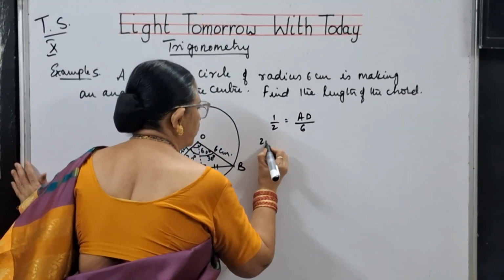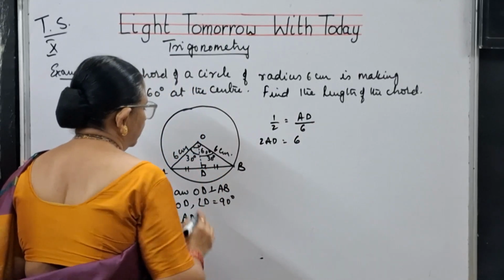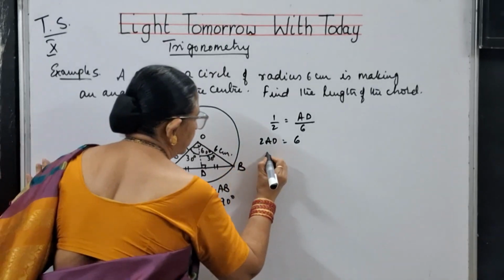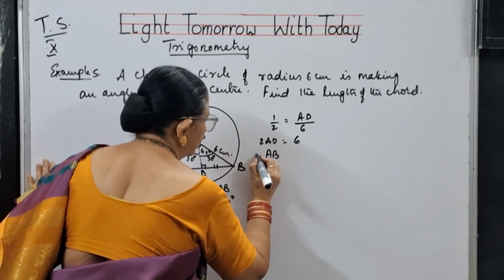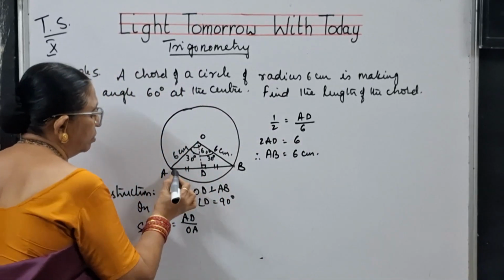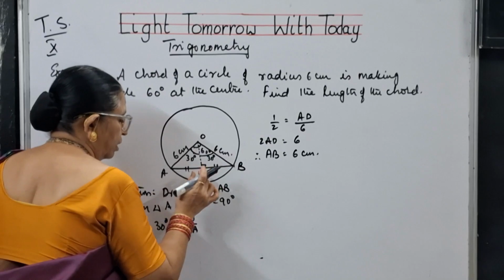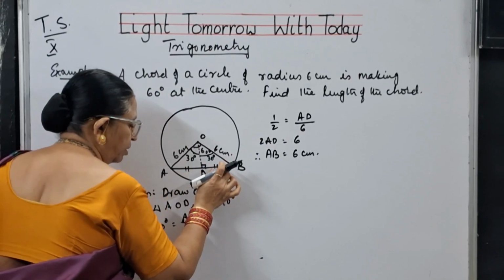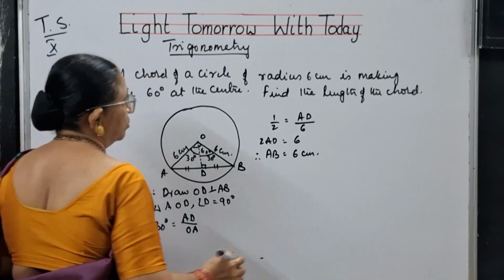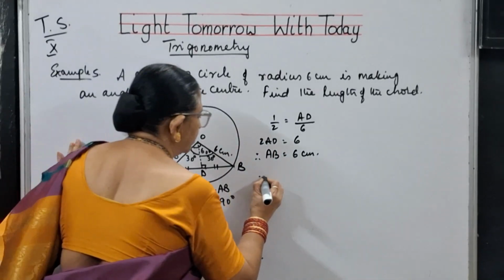That means 2AD is equal to 6. What is 2 times AD, children? 2 times AD is nothing but AB. Why is it? Because AD will be equal to DB, the same measure. So AB is nothing but 2 times AD. So 2AD is equal to 6 means AB is equal to 6 centimeters.